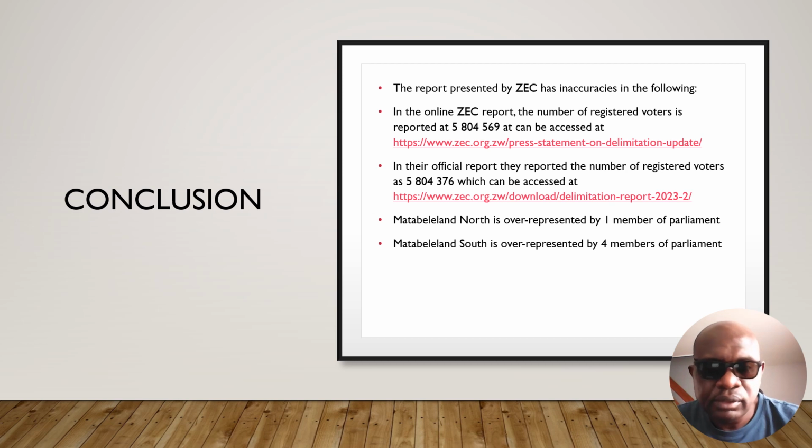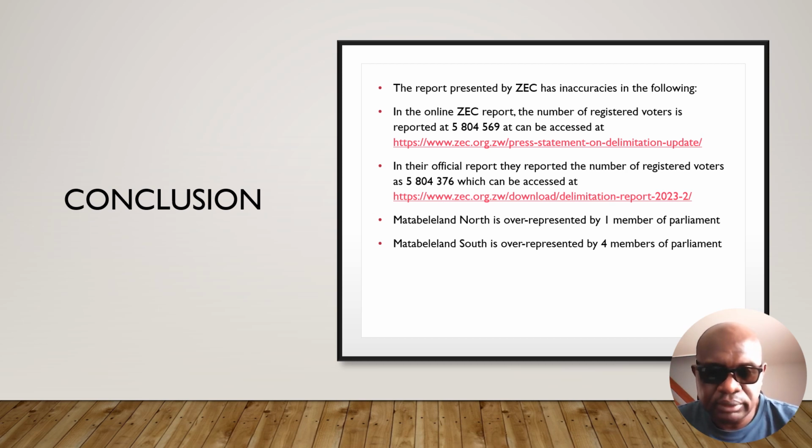So the first one is that when ZEC reported their numbers, the number of registered voters online, at one time they gave 5,804,569, which can be seen on this link here. Right. This document was signed by Mr. Otoile Slaigwana.